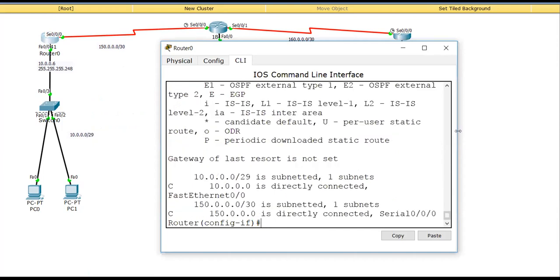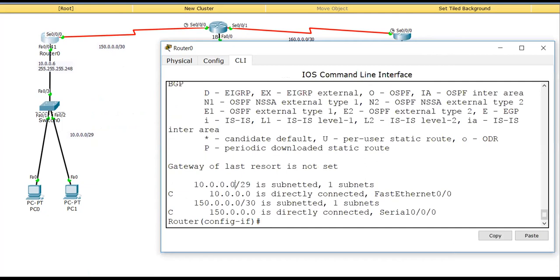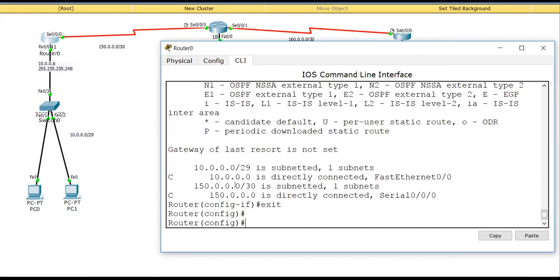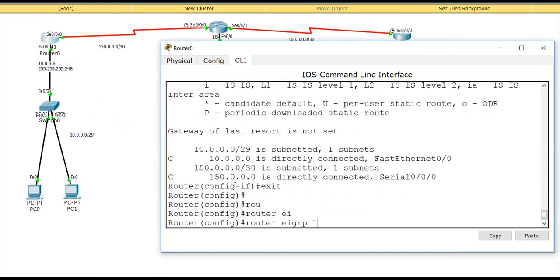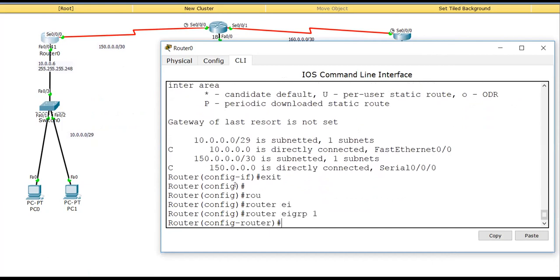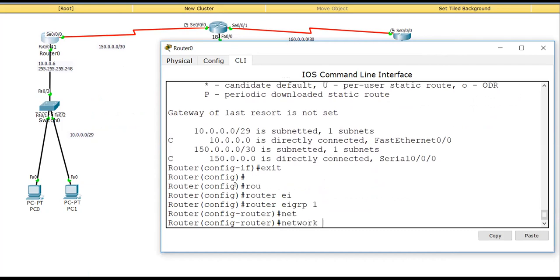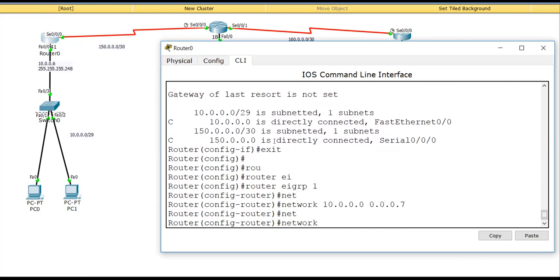I have two direct networks, 10 and 150. Okay. If 10 and 150 here, then router eigrp 1, I'm using EIGRP 1. Okay. Network 10.0.0.0. Now /29 is 248.